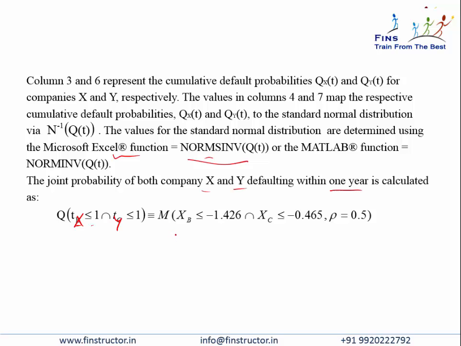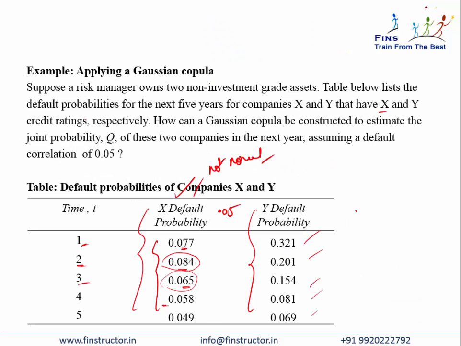can be calculated as the probability of X being less than or equal to minus 1.426 and Y being less than minus 0.465, given a correlation between the two of 0.5. This correlation is not 0.05, it's a correlation of 0.5.